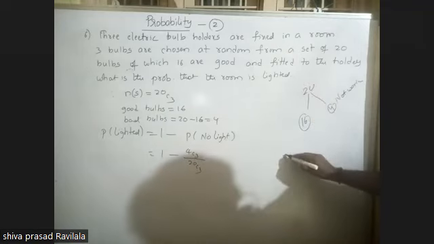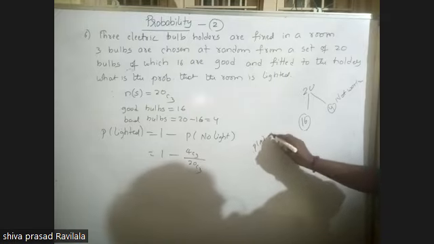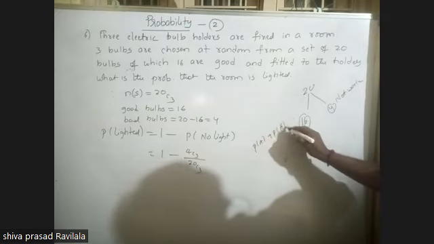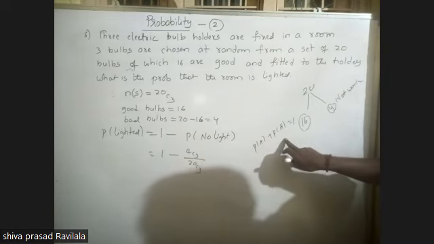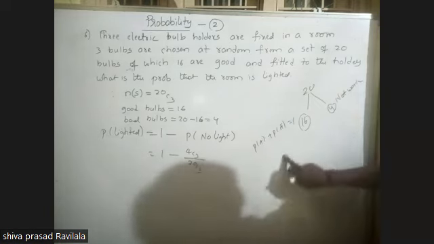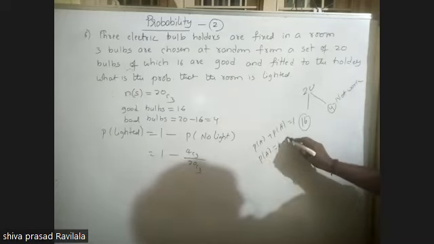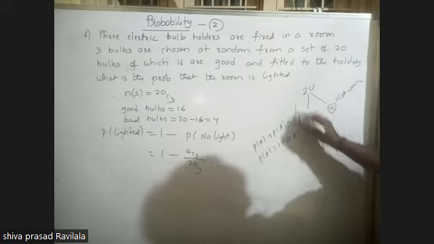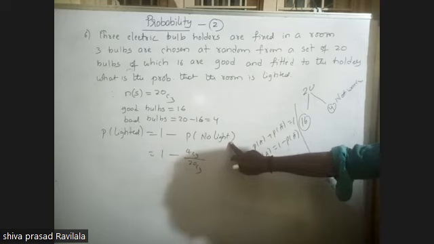Therefore, we know that probability of A plus probability of A complement is equal to 1. A is lighted, A complement is not lighted. Therefore, probability of A is equal to 1 minus probability of A complement, not lighted.